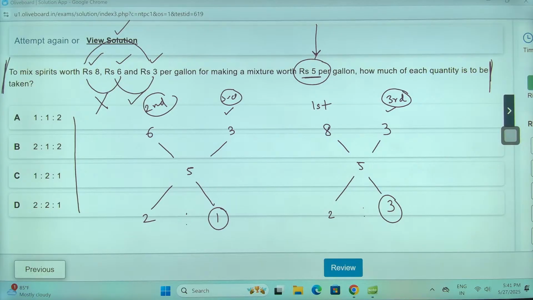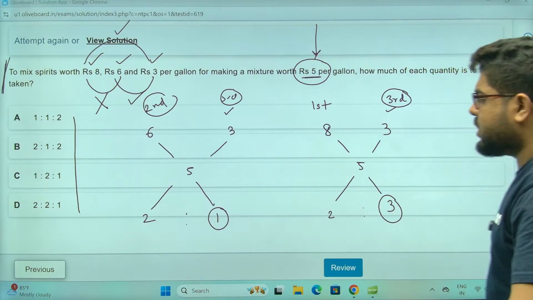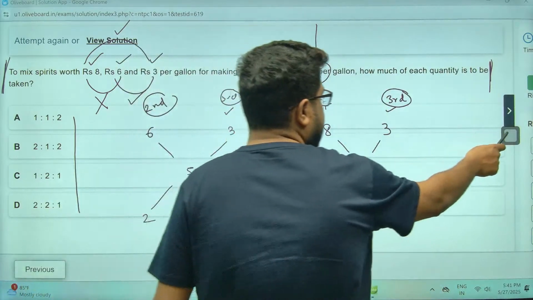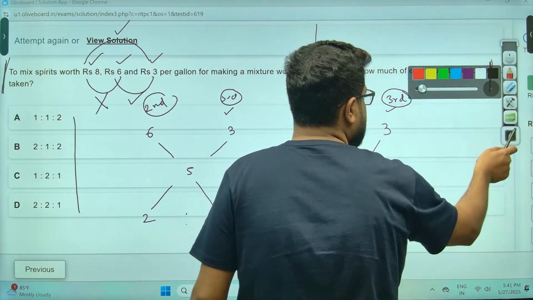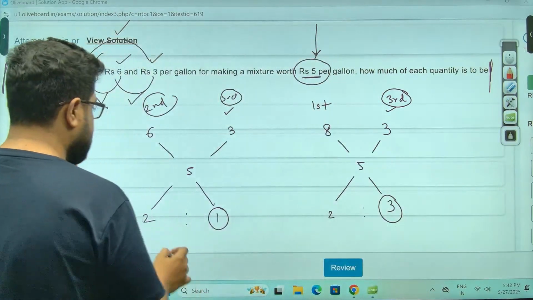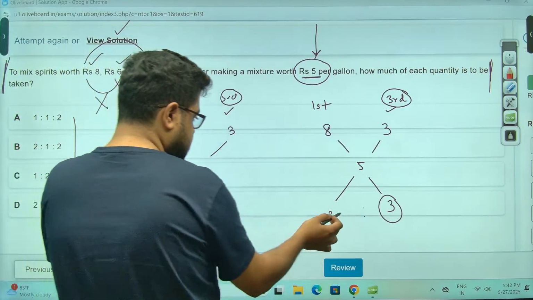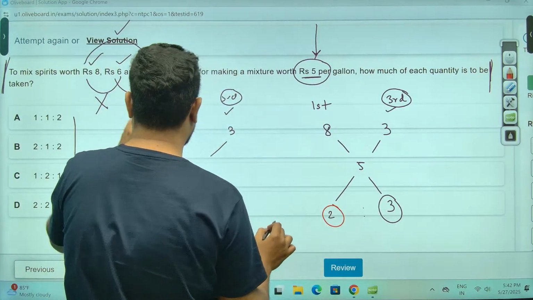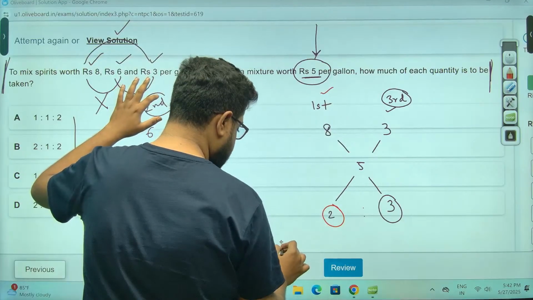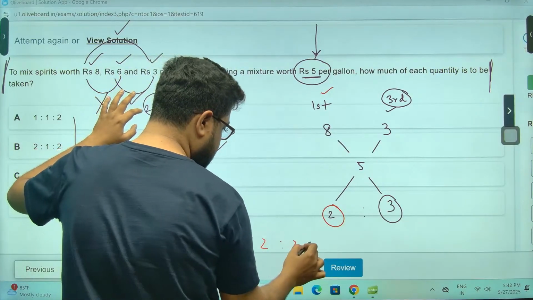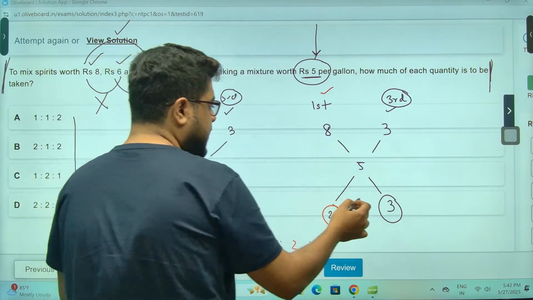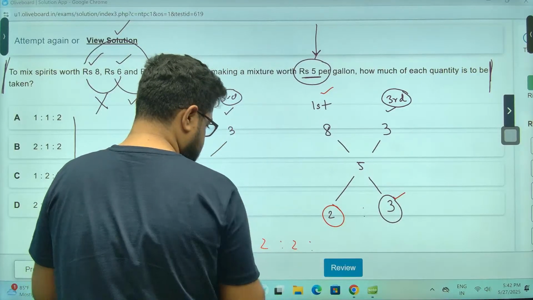I don't know. Okay okay, one second. These two are matching. Both are twos. Try doing this. So this is second. First is 2. Second one is 2. And third one will be 3 here, 1 here.